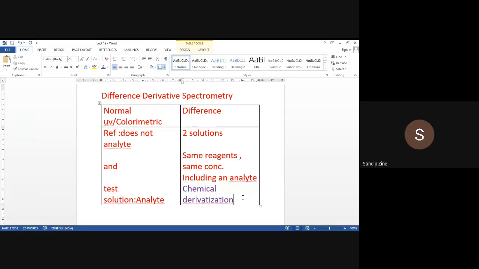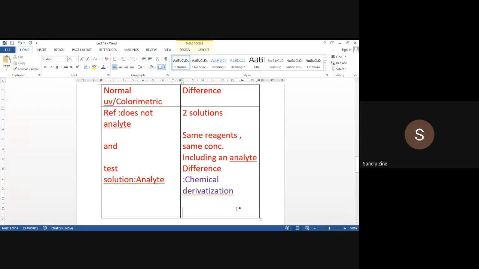In binary mixture analysis, we consider this a derivatized form of the compound. Whereas difference derivative spectrometry makes use of chemical as well as mathematical derivatization. When we are talking about difference only, it is about chemical derivatization. I am writing here: difference spectrometry is about chemical derivatization.